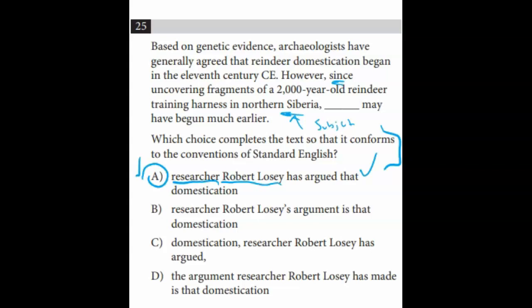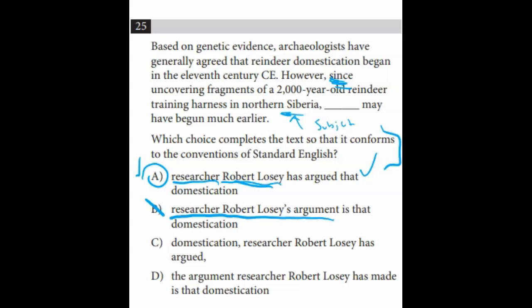We have B. Researcher Robert Losey's argument is that, see, this is what I mean. This is now implying that it was her argument that found the training harness, which makes no sense because this since uncovering the training harness, her argument is that. So it's not her argument that found the training harness, it is researcher Robert Losey that did it.